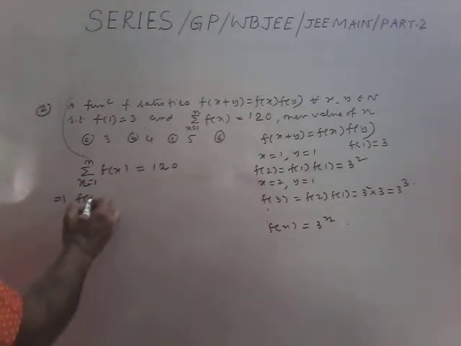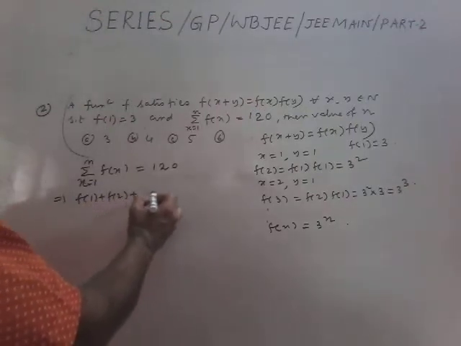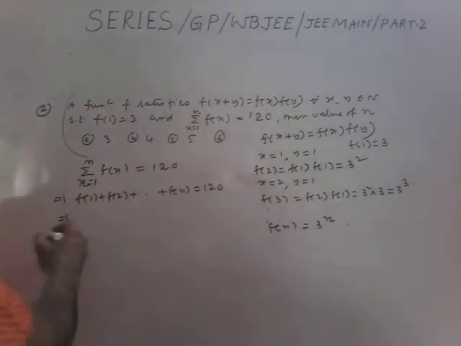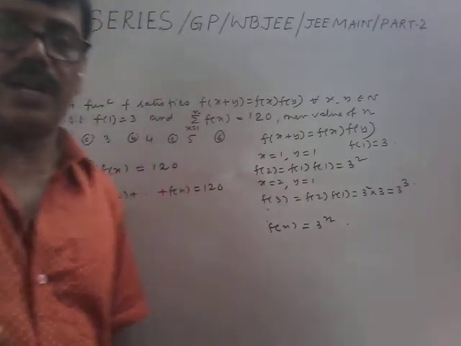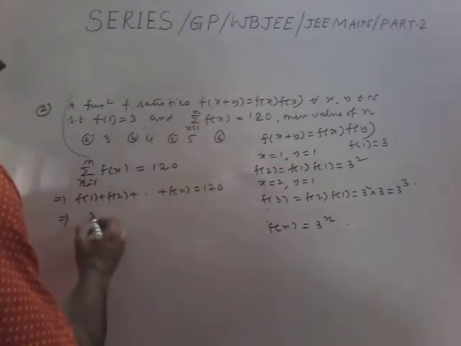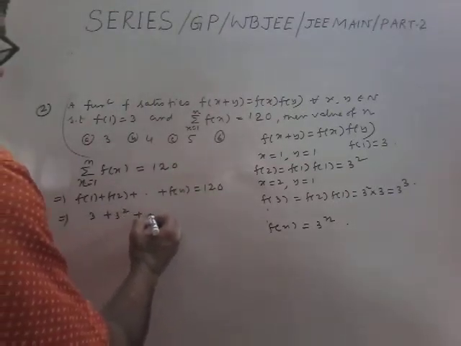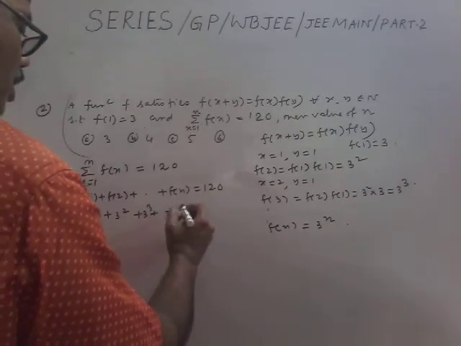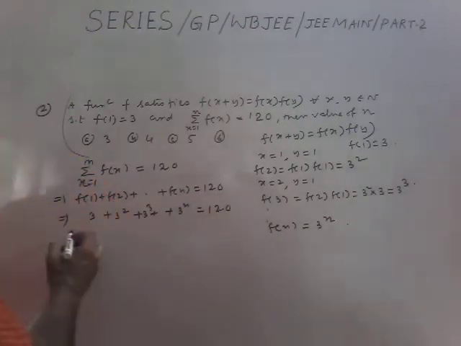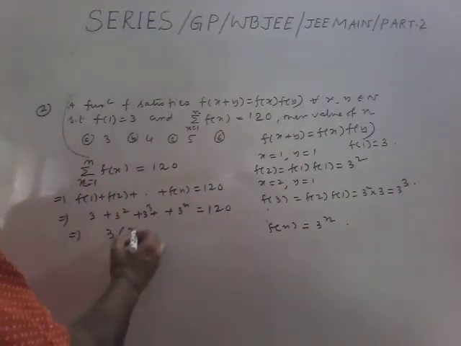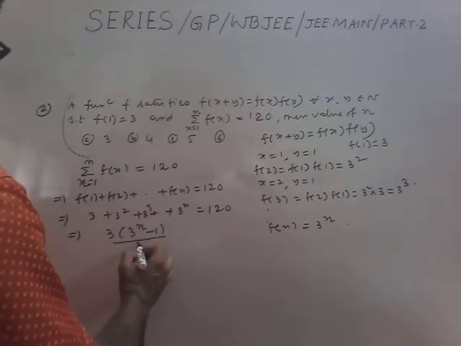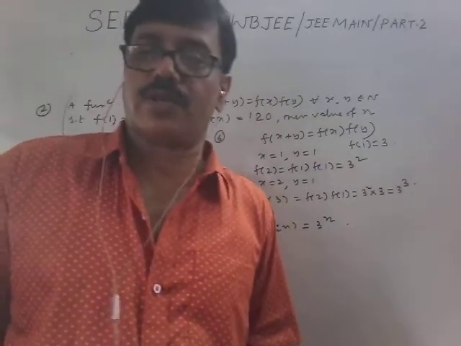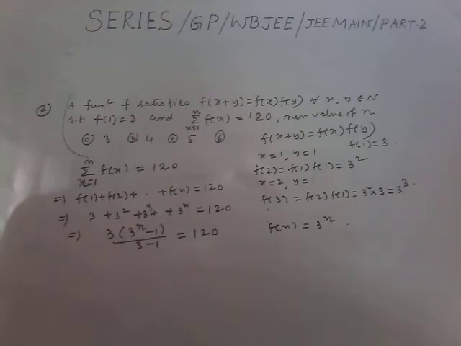So f1, f2, up to fn equals 120. So put the values of f1, f2, fn: 3, 3 to the power 2, 3 to the power n equals 120. So the sum of the GP series, 3 into 3 to the power n minus 1 by 3 minus 1, equals 120. So solving this equation we can find the value of n.